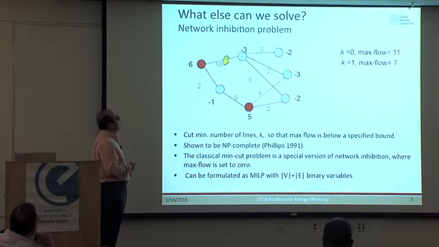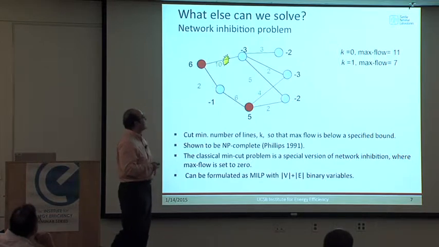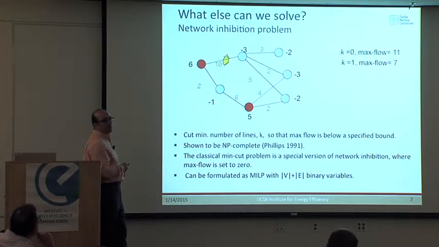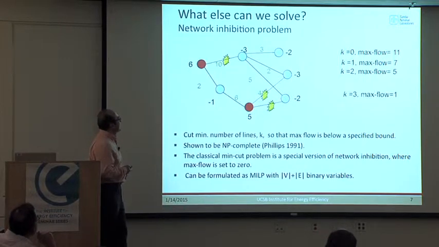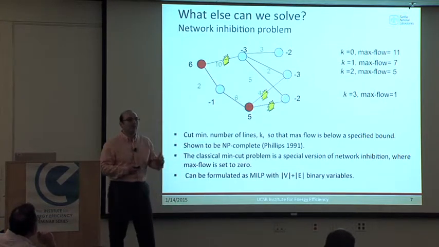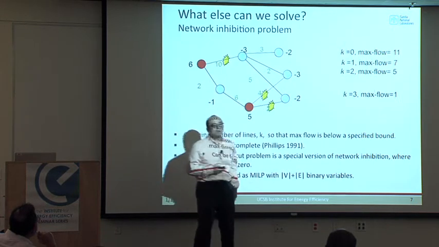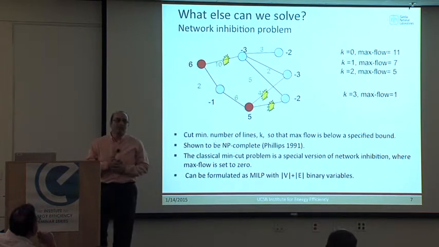So if I remove one line, I would attack that line. And the green lines, by the way, they're the capacities. The max flow will be reduced to 7. If I remove another line, the max flow will be down to 5. And if I can remove 3 lines, it's not an incremental thing. So I used to pick this line, I used to have this line, but I don't have that anymore. And the maximum flow will be 3.